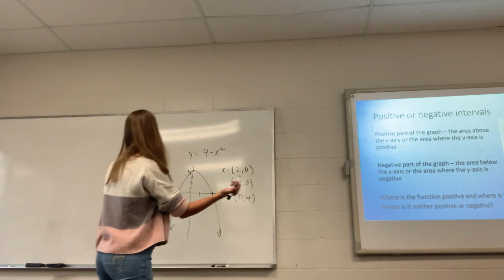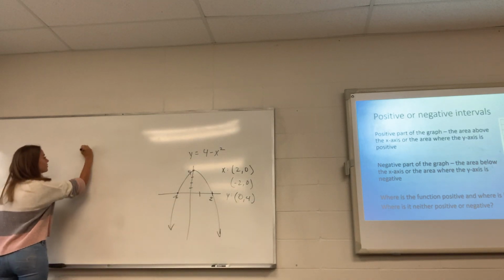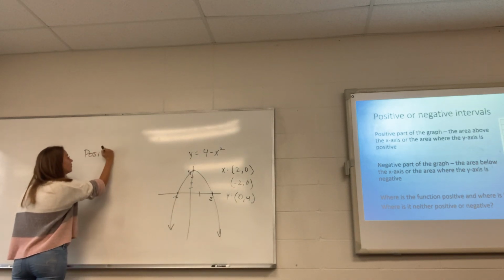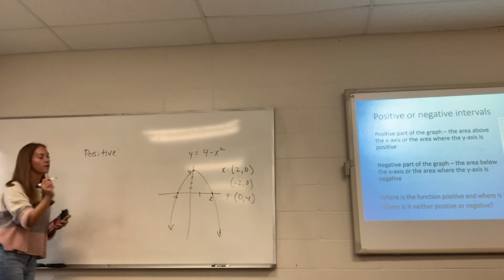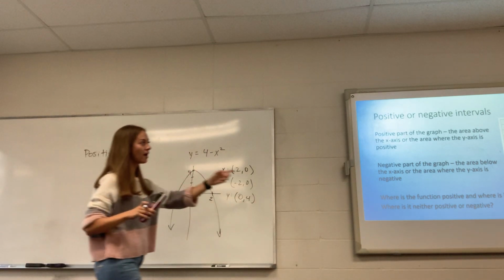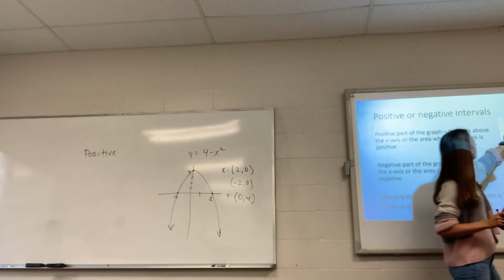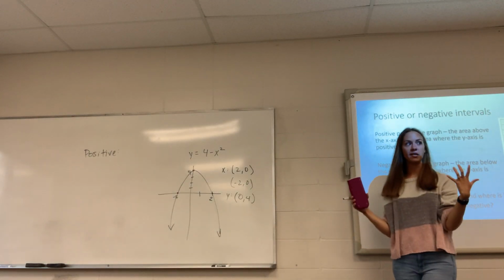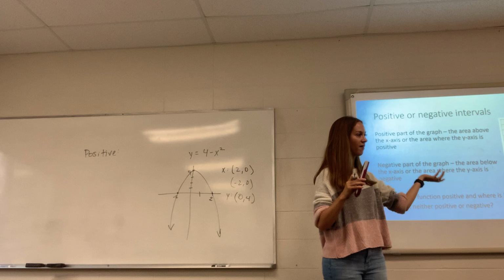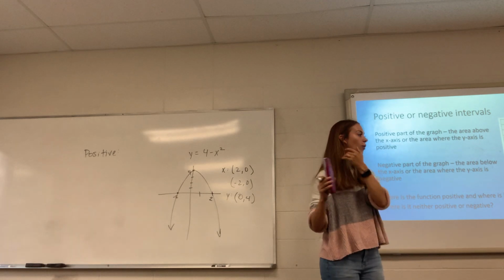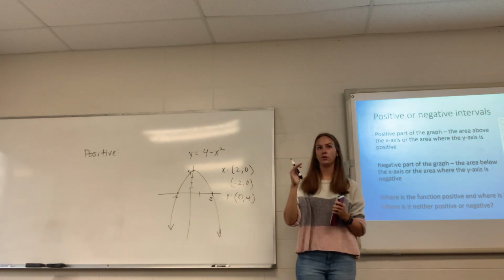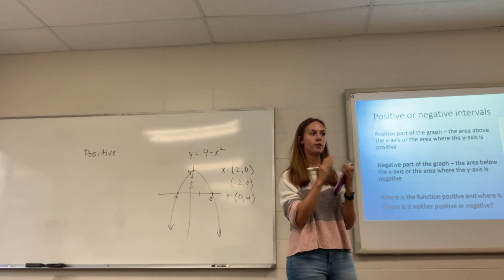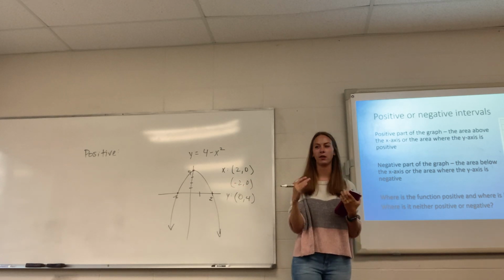So the way that I wanna write this, it's positive from, well, because I have this arrow, I know that it can keep going up and out, and I'm talking about it like it's a domain. So I'm talking from like left to right, okay? So everything that we do for the rest of this section is you're talking about your x values, so you're thinking about them like domain.